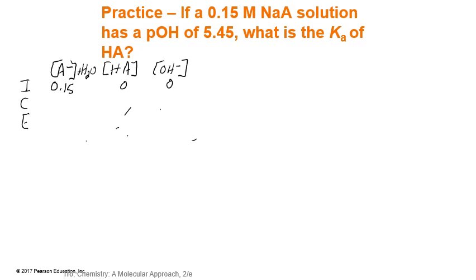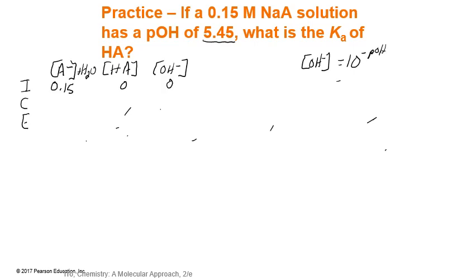Now we have to figure out what our change is. And we do have information about this, right? Because we know that the pOH is 5.45. So if we want to find our OH minus concentration, it's equal to 10 to the negative pOH.